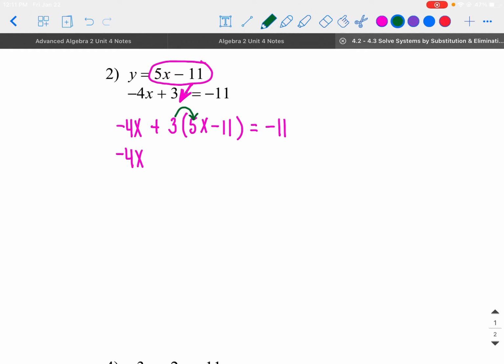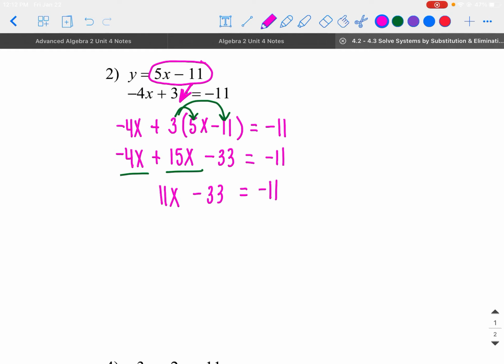Negative 4x. Now I got to distribute. So we have plus 15x minus 33 equals negative 11. Combine your like terms: 11x minus 33 equals negative 11.